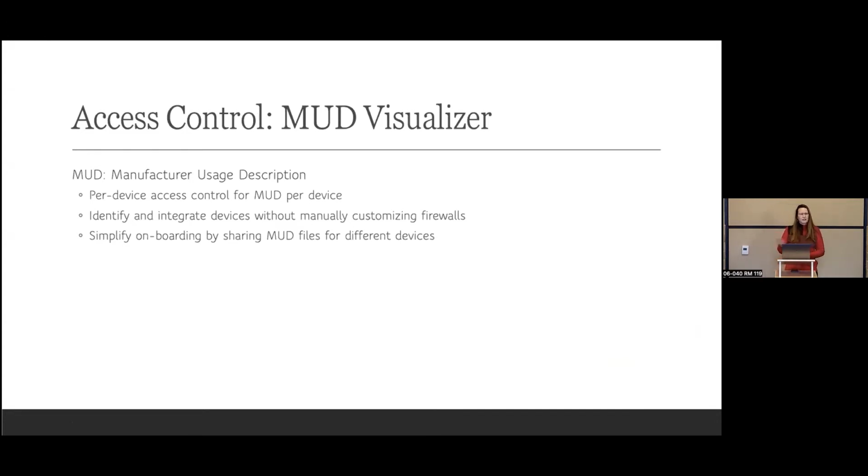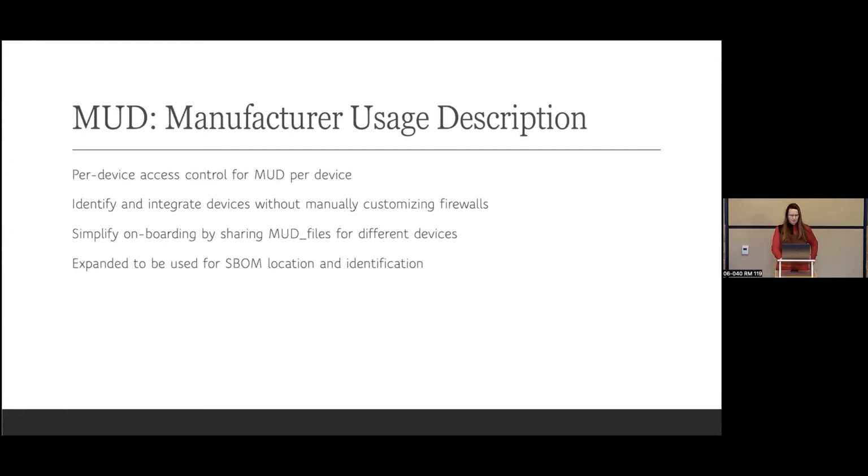The other thing that I want to ask you to look at is access control. The MUD is a manufacturer usage description per device access control. And it's for secure onboarding. That's all it does, secure onboarding. So you should be able to identify and integrate devices without manually customizing your firewall.